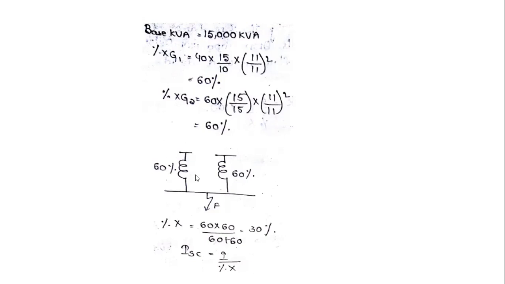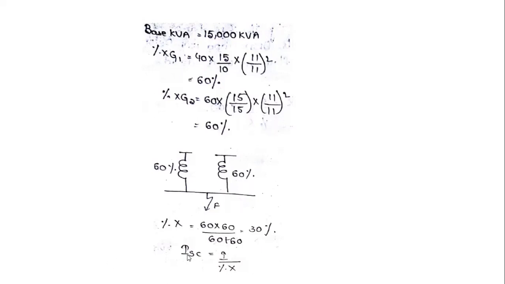The two generators are connected in parallel, so the percentage reactance X is equal to 60 into 60 by 60 plus 60. That is 30%. Therefore the percentage reactance is equal to 30%.